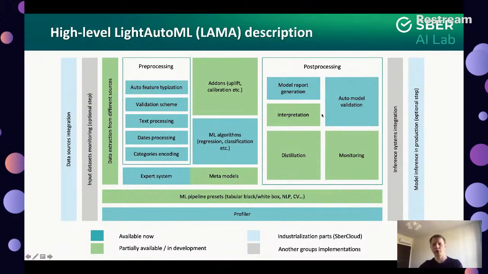And currently we are working on 3 steps of post-processing. The first is interpretation. We need to figure out what's going on inside the black box models, because inside usual white box models you have pretty good interpretation because of their simplicity. We also work on distillation. So we try to figure out how to reproduce our models with a simpler model.